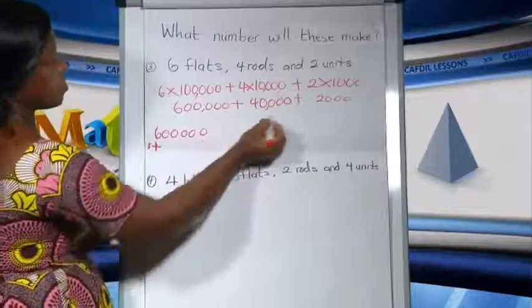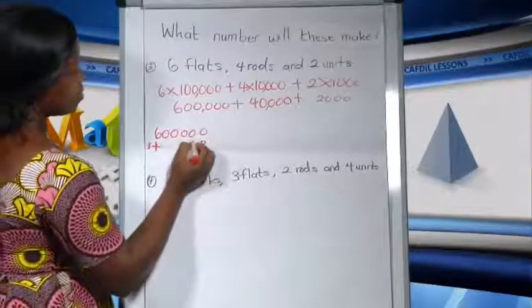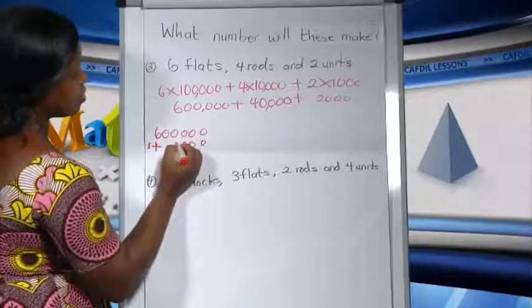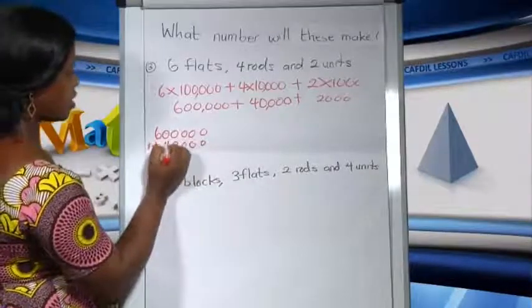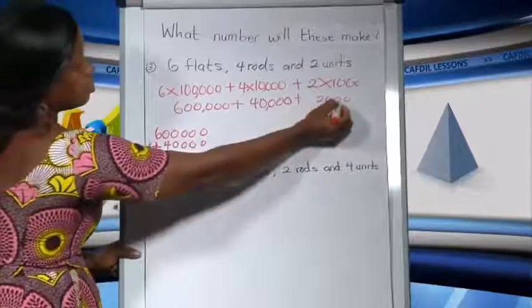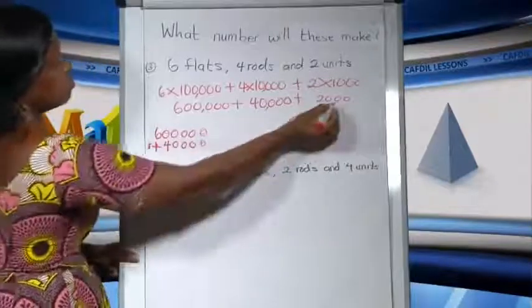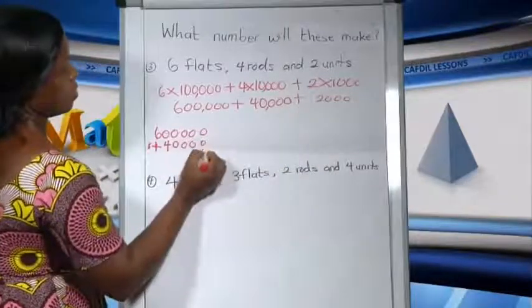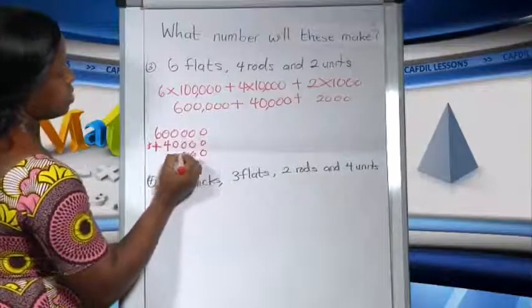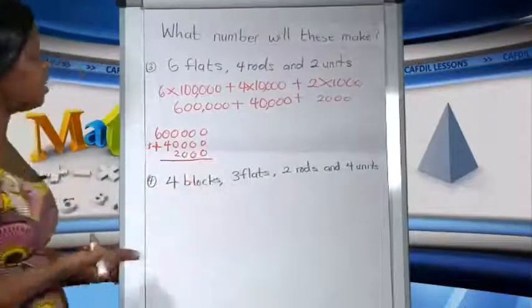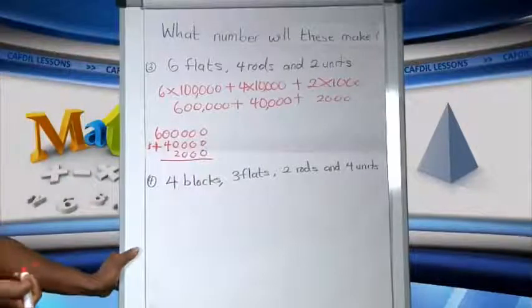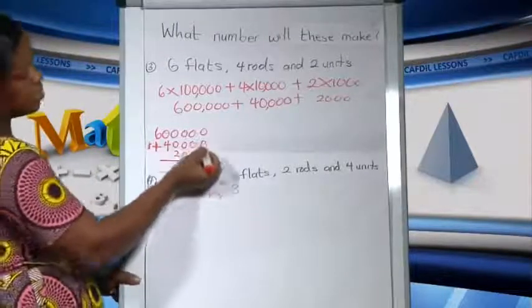Let's start from here. Good. Our 4 zeros and then our 4. And then 2,000. 1, 2, 3. And our 2. We have arranged it neatly over here. So let's put them together.